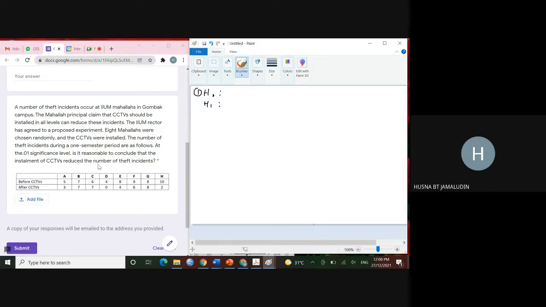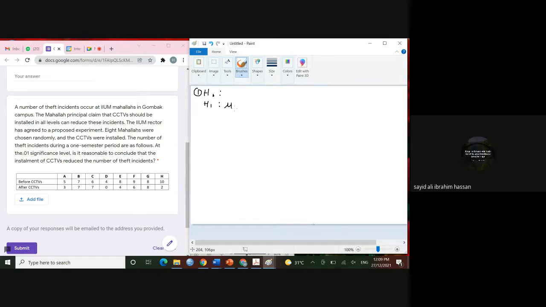So you have to find out where the key words are, where the question is. Is it reasonable to conclude that the installation of CCTVs reduces the number of theft incidents? So what should we do? The mu of what? So now, okay, before that, are we talking about independent or dependent?